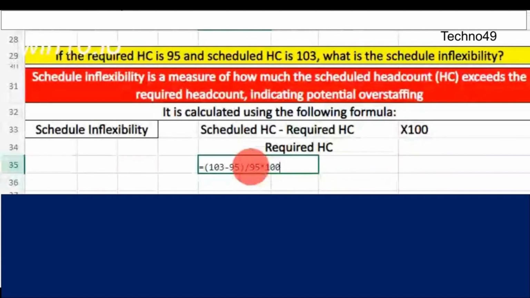The moment you hit enter, you would have the answer for the schedule inflexibility. I hope that is clear. In case of any doubt, you can just let me know.